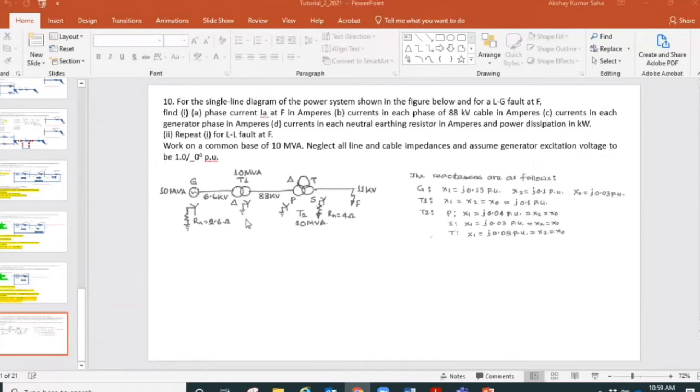Did you notice that these two-winding transformers always have a delta in most cases? We can have some two-winding star-star transformers as well, but that is also a very special application, a special requirement.